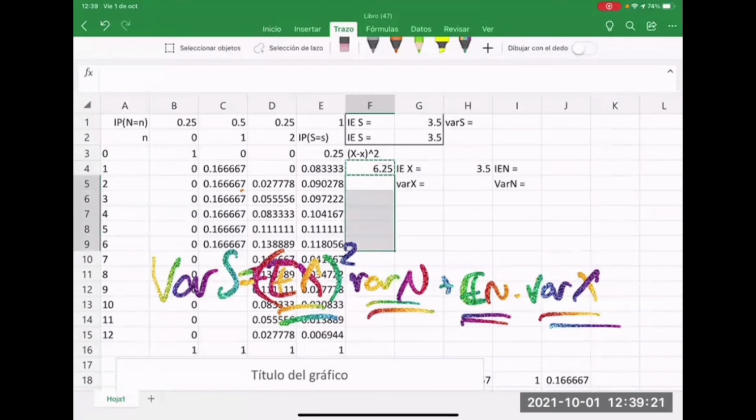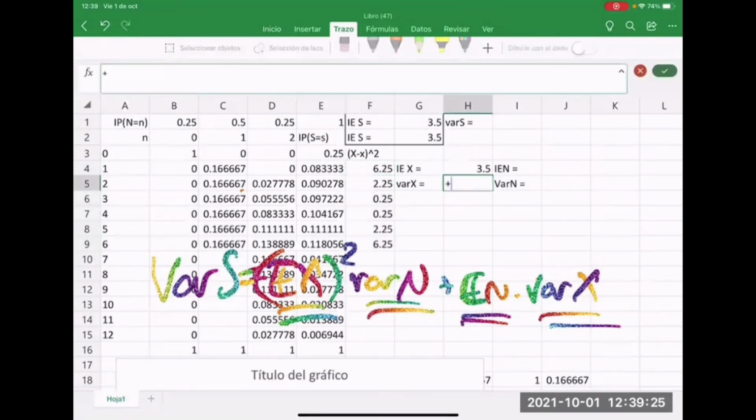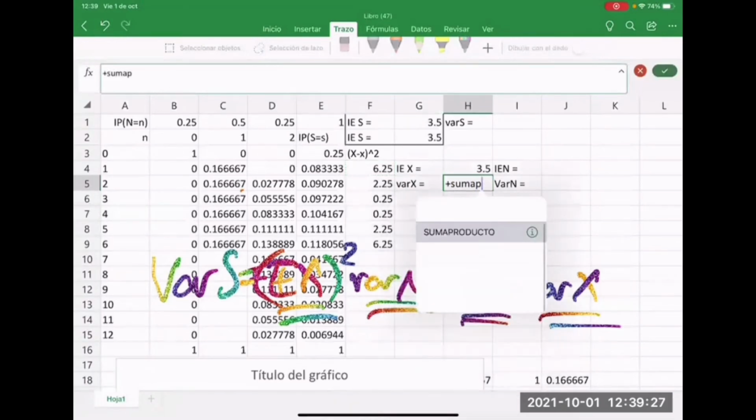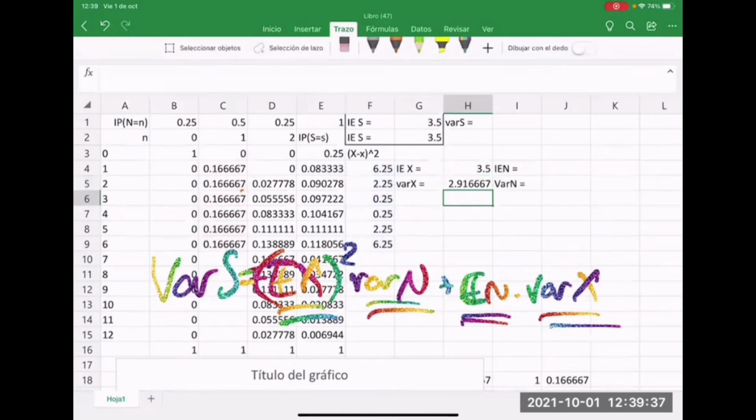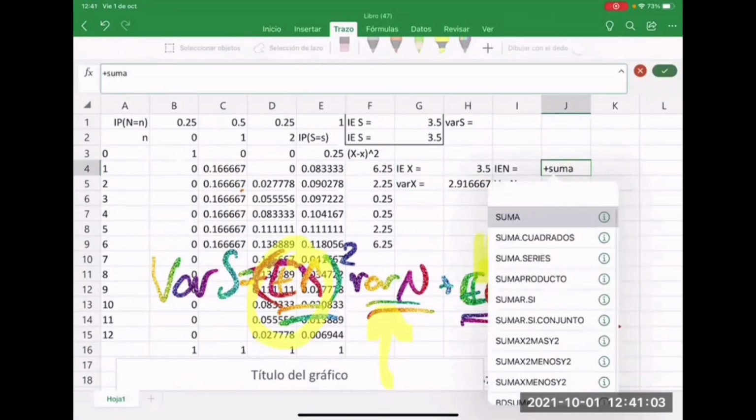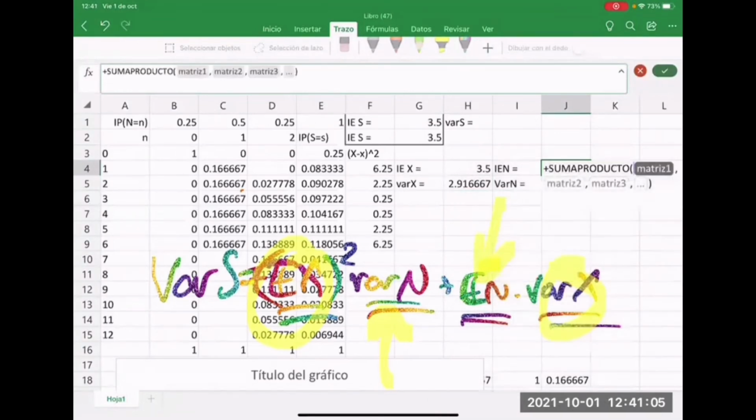So this works for all the values between 1 and 6, and the variance is just the sum product of these values with these values here, right? So that way we get the variance of x. And to get the variance of n, we just need to get the sum product of these values with these other values here, and that's it.